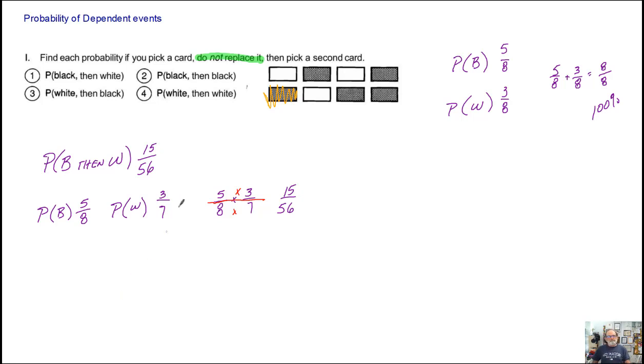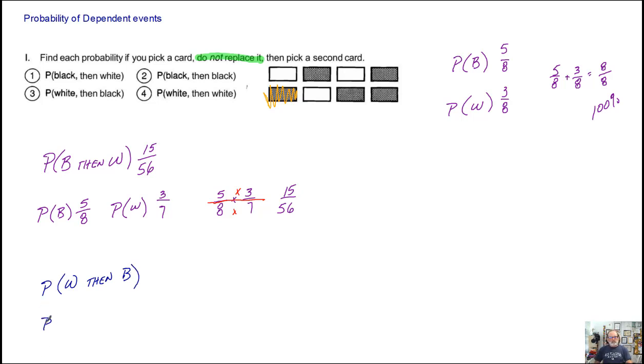Let's do one more. Let's do number 3. We'll go to the one below it. Is it the same probability? If it's black then white is 15 out of 56. Is white then black also 15 out of 56? Let's find out. We're doing the probability of drawing a white card, then a black card.